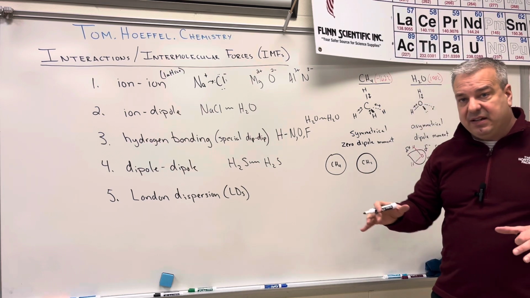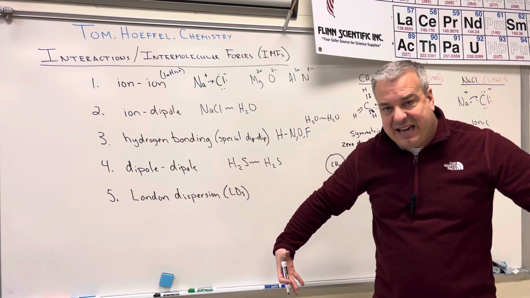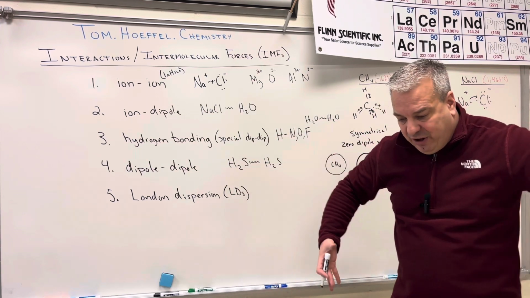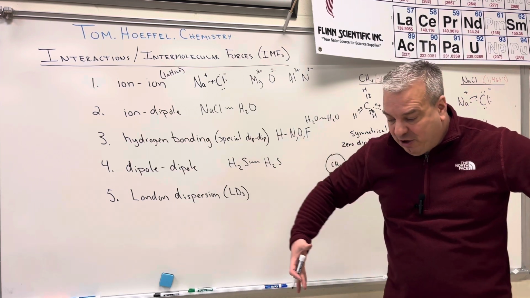But what happens is that these electrons around the methane, they're not static, they're moving. So if you think of electron clouds as kind of like jello, that might be a good example.